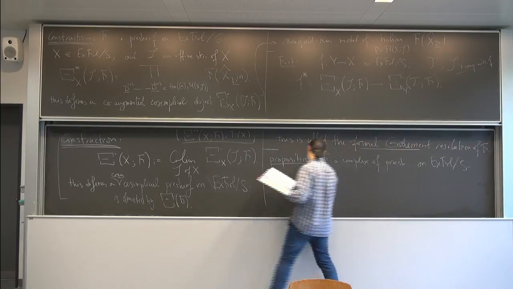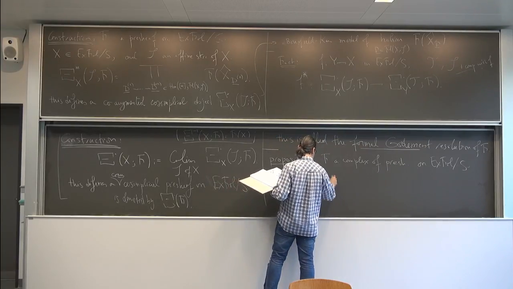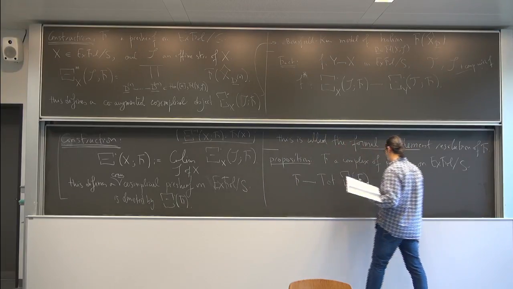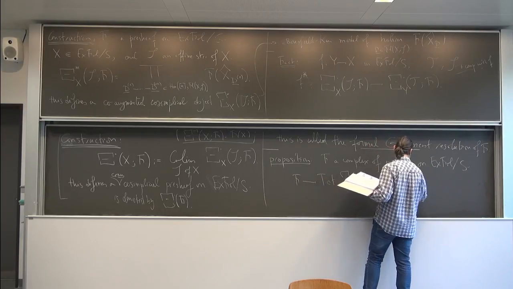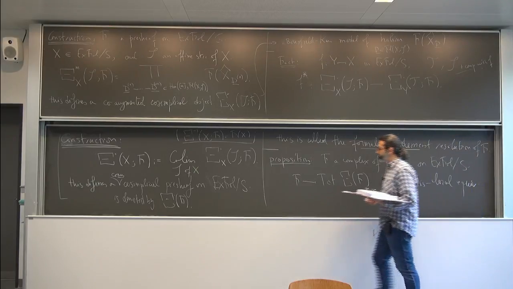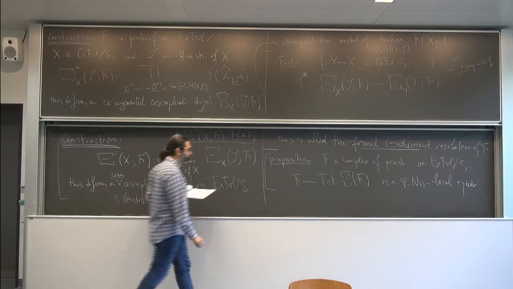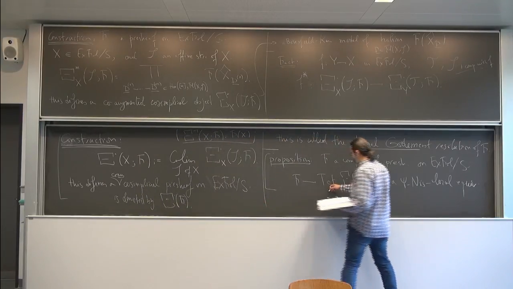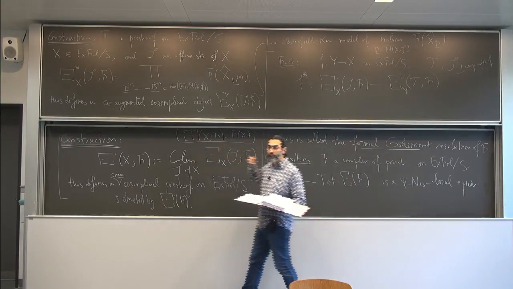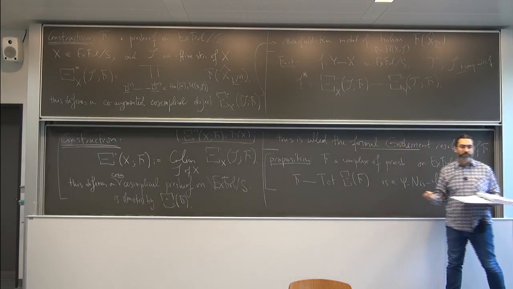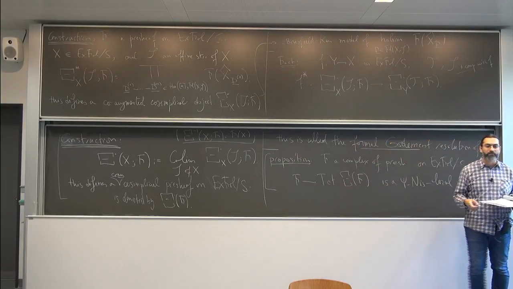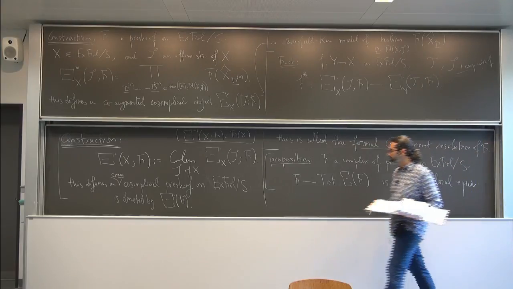Then the natural map from f to the total complex is a Zariski-Nisnevich local equivalence. So maybe let me say it also orally. When I write tot of chi, I mean that I somehow disregard the augmentation. I just think about chi as a co-simplicial object, and I take the total complex. When I write tot plus, then I mean that I take into account the augmentation. So it will be the cone of the augmentation.